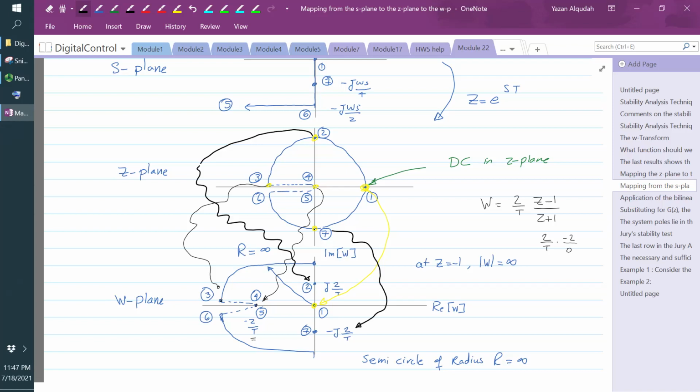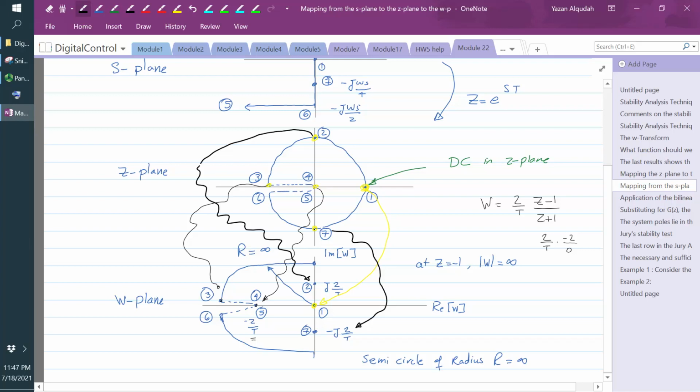I hope this makes sense. So therefore, if I look at all these points, I notice that the unit circle got mapped into a semicircle that has a radius that goes to infinity.